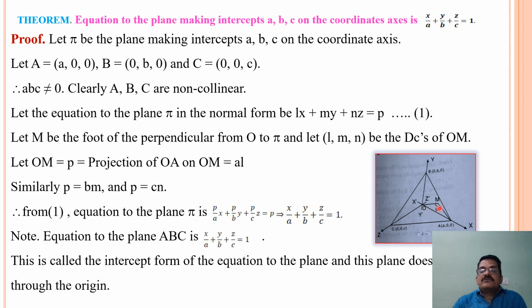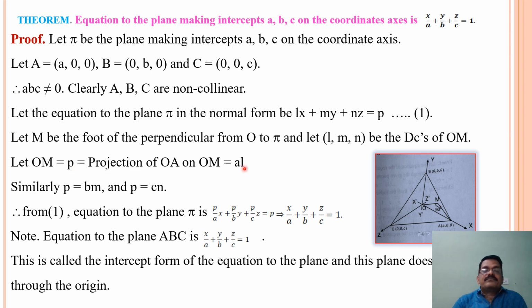Let OM is equal to P, that is equal to the projection of OA on OM, that is AL. Similarly, the projection on the second axis gives P equal to BM, and on the third axis P equal to CN.